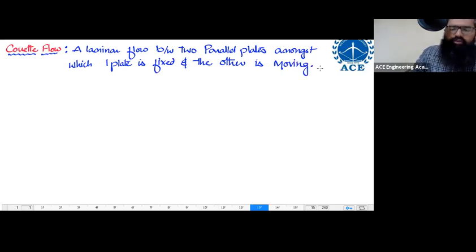One plate is fixed and the other is moving. Such a flow is known as Couette flow.